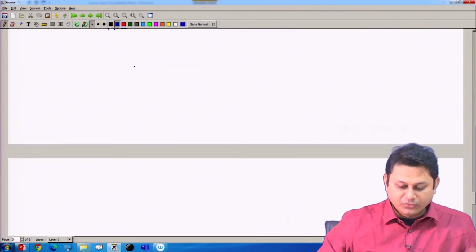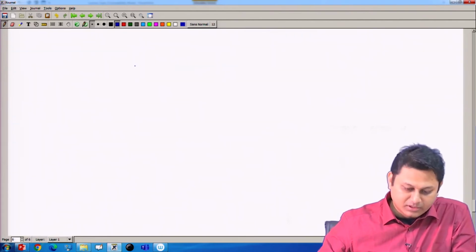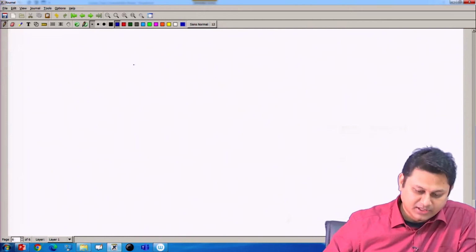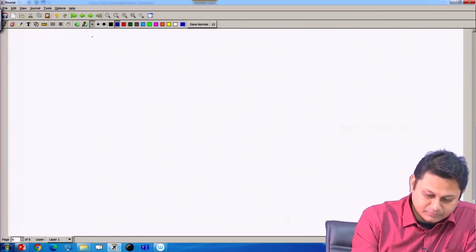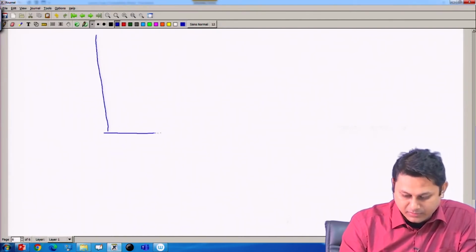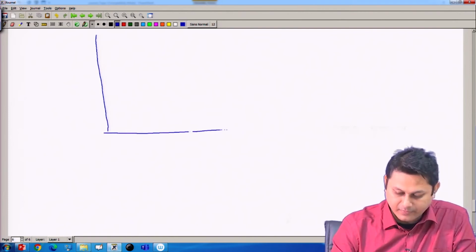However, if I draw the full curve including the Sellmeier relation, then it should be something like this. Let me draw that in a bigger size.